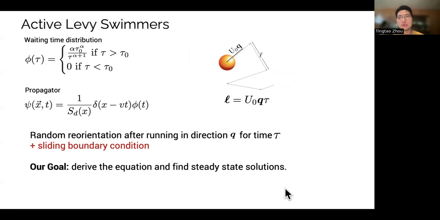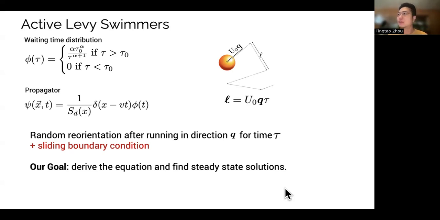So basically, we are going to modify the run and tumble particles model. Everything is similar to the run and tumble particles, except now we change the waiting time distribution. For the run and tumble particle, the waiting time distribution is exponential, right? But here, for the Levy swimmers, we're going to use a Pareto distribution, which has a power-law tail, to model the waiting time, right?